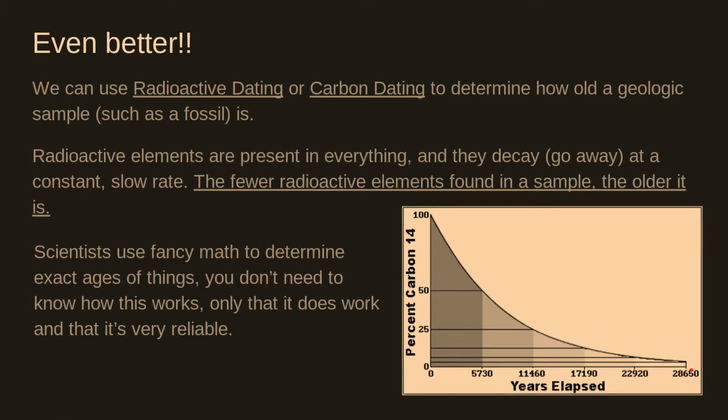So if I find a thing that has a very low percentage of carbon 14, I can assume that it's really old, and I can actually find a specific percent and match it to a certain amount of years that have gone by since it was living. If it has only this amount and doesn't have a whole lot of carbon 14, but it has some, I can match that percent to a certain amount of years past. So again, you don't need to know the ins and outs, just want you to know that it exists.